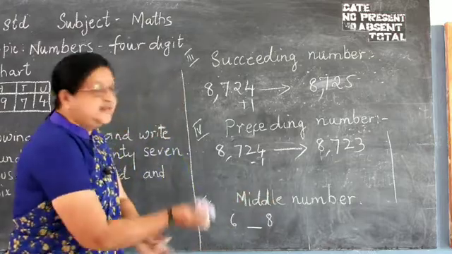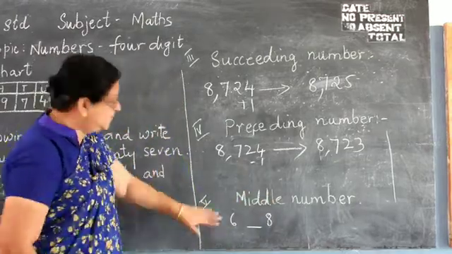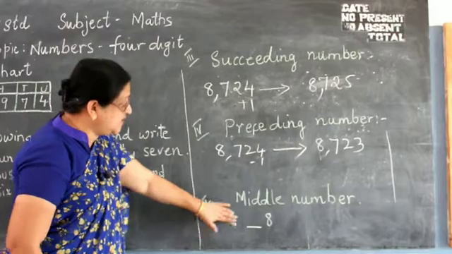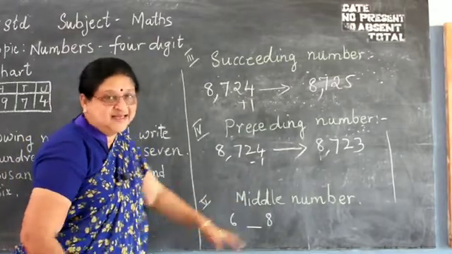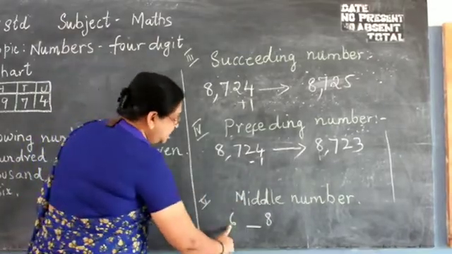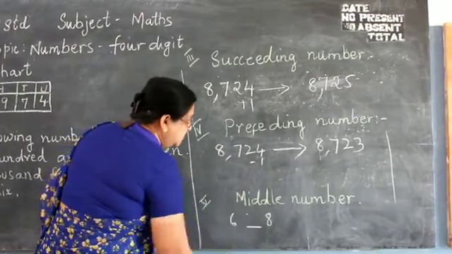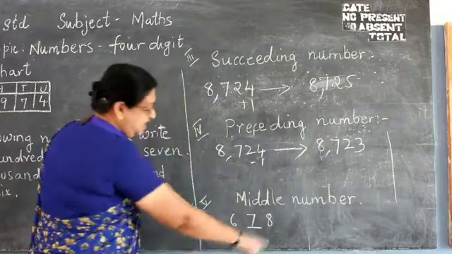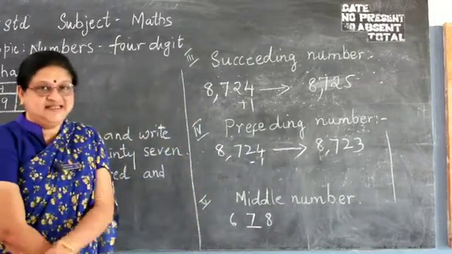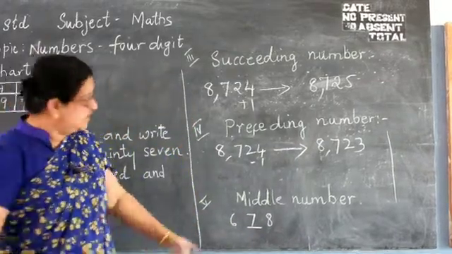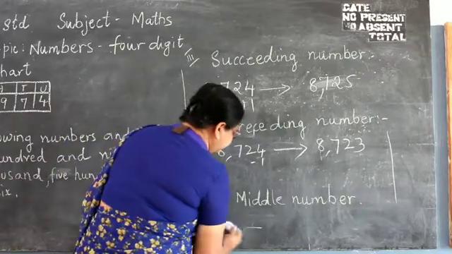That is called the middle number. That is very simple. Here you will do 6, immediately next is 8. You will count it 6, 7, 8. Isn't it? Very simple.